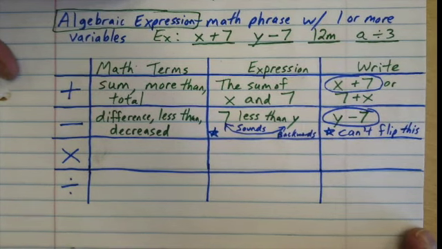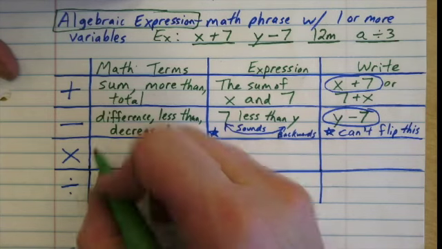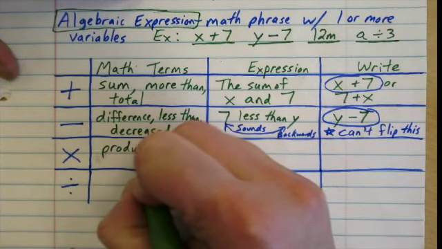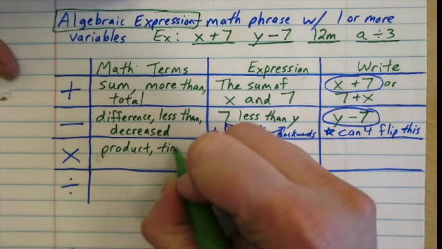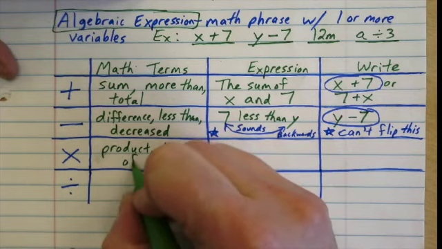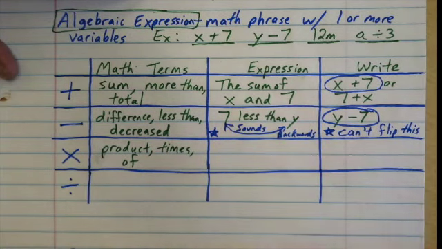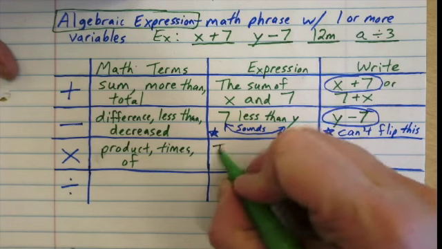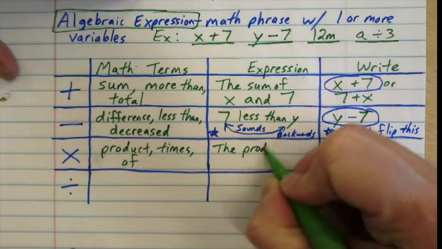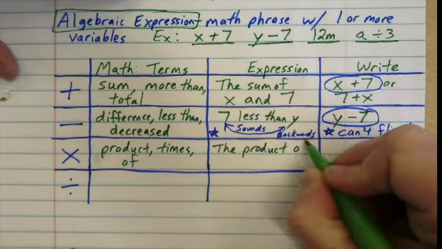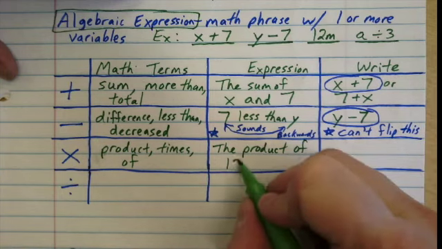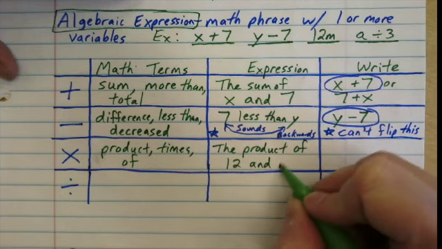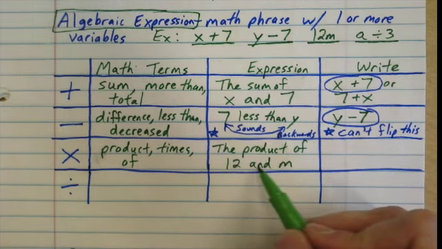With multiplication, the key words would be like product, times, of. Those are all words that mean to multiply. So if I gave you an expression that says the product of 12 and m, that means you need to multiply 12 and m.